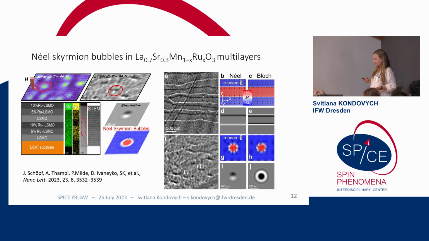But sometimes you are unfortunate, and experimentalists at our institute just created this multilayer structure, which is 6 layers, 8 nanometers each. So 50 nanometers is much more than you can afford to neglect magnetostatics. And they observed, with 2 techniques, the skyrmion bubbles of Néel type in this structure. So we were trying to figure out what stabilizes those bubbles in their structure.